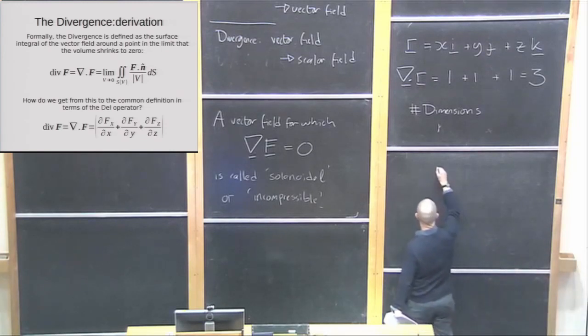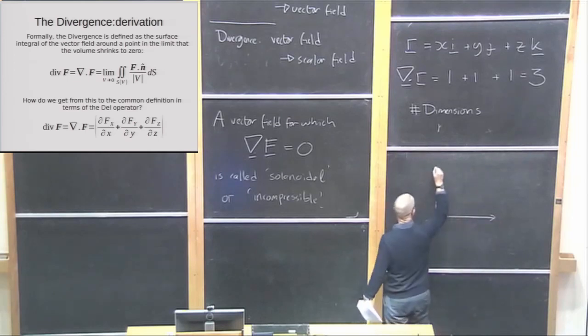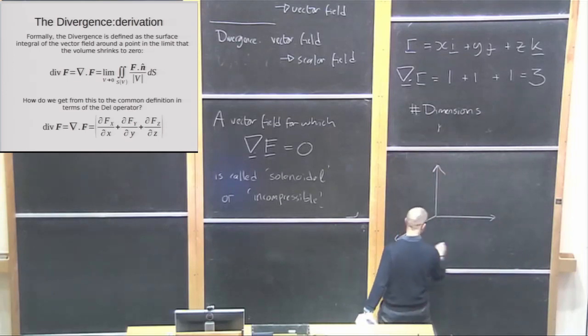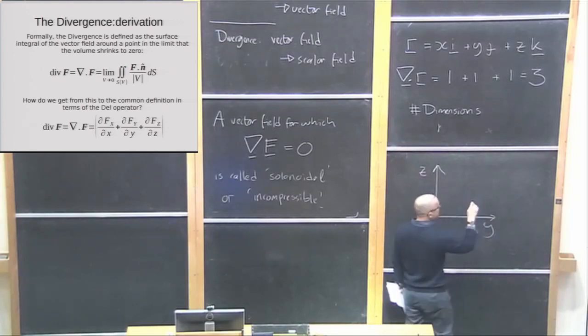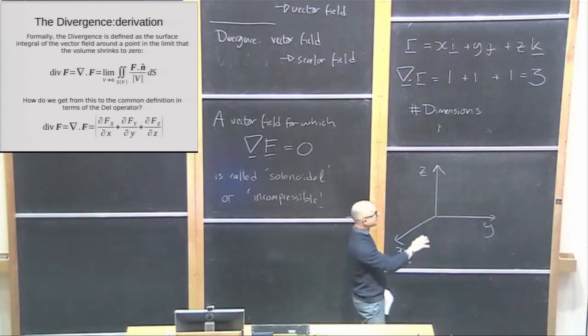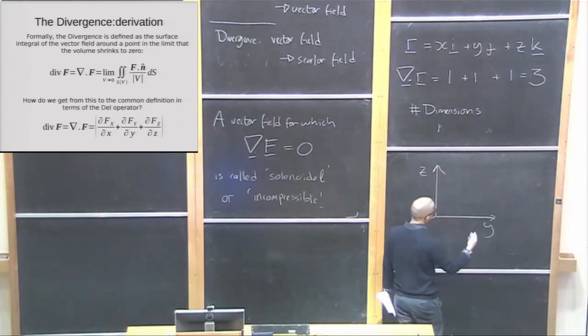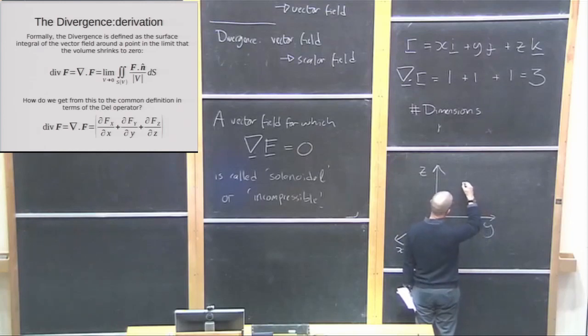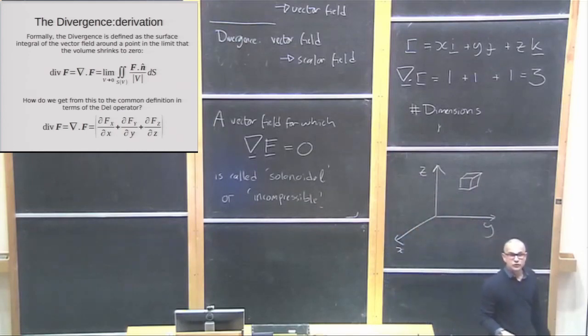What I mean here is I have my three-dimensional space, x, y, z. I have some vector field in here. I'm not going to draw all of the arrows, but you imagine that this is a vector field permeated by arrows, which represent the strength and direction of your vector field. And I take some volume in this vector field, and I evaluate the surface integral of that volume.